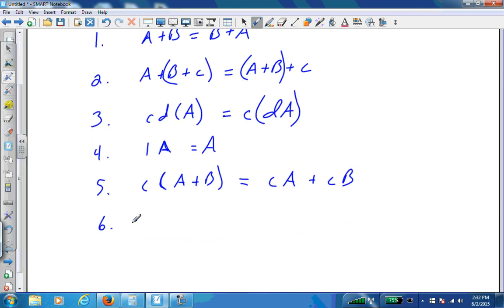Or if we have two scalars that are added together times a matrix, we can do the first scalar times our matrix, the second scalar times our matrix, and add those together. So as far as addition and multiplying by a scalar, association, commutativity, distribution, all of those are the same.